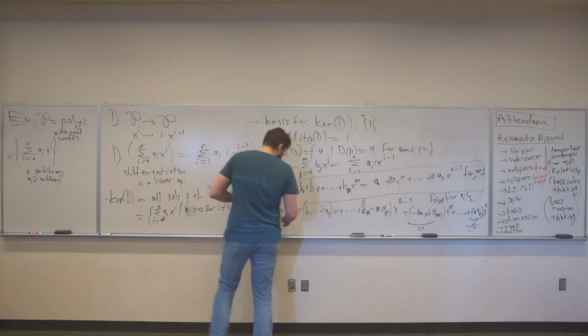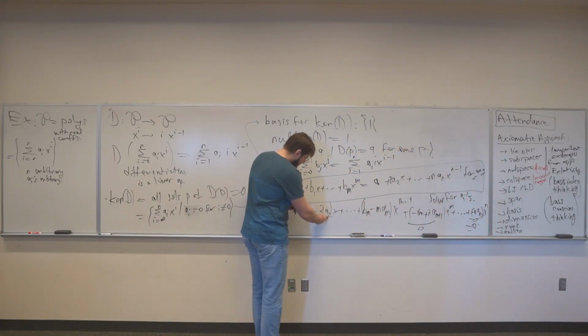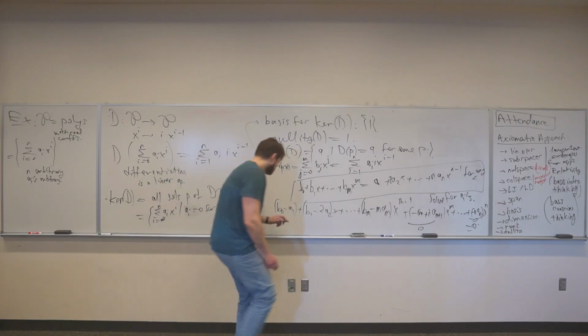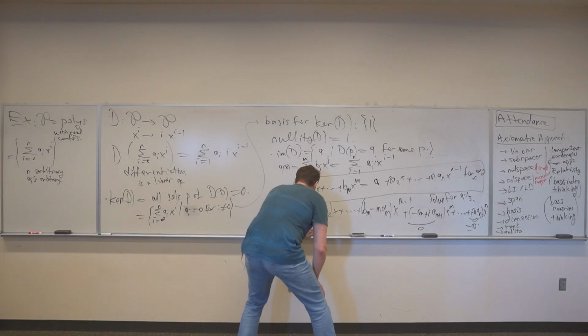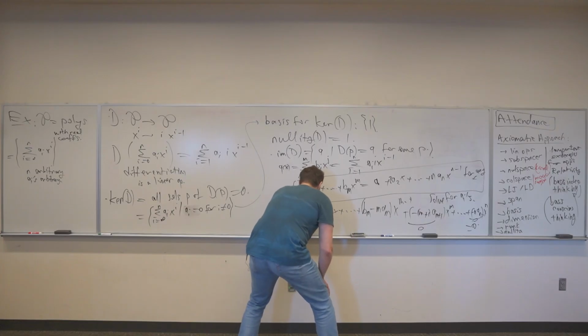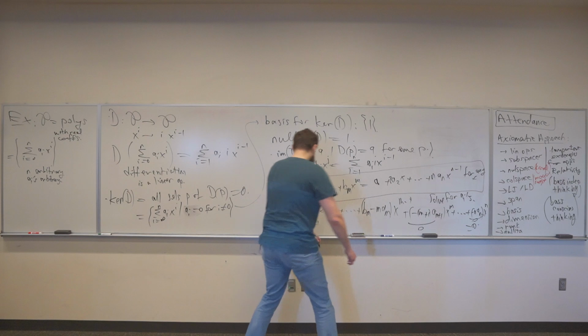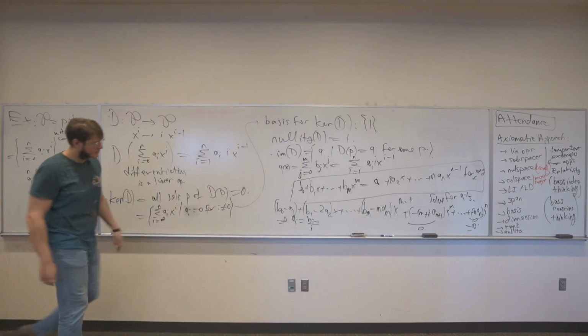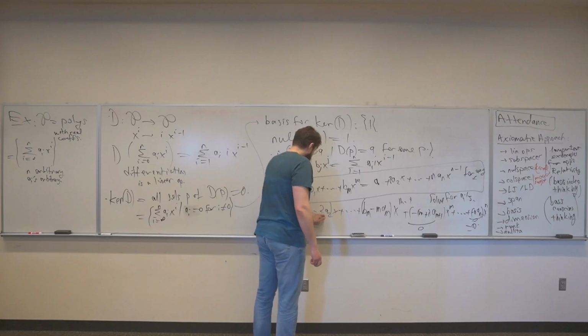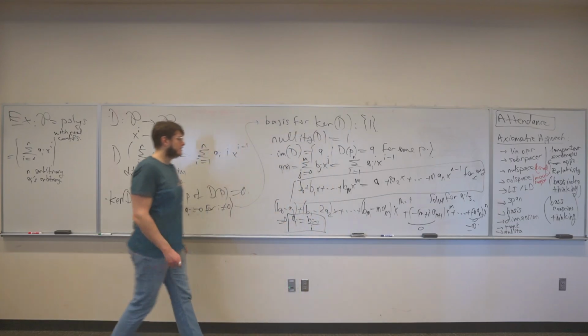And a_1 has to be b_0, a_2 has to be b_1 divided by 2, and so on. Okay? So from this, you get that a_i is b_(i-1) divided by i. And that gives you a solution. You can take a_0 to be whatever you want. If you want, you can take a_0 to be 0.